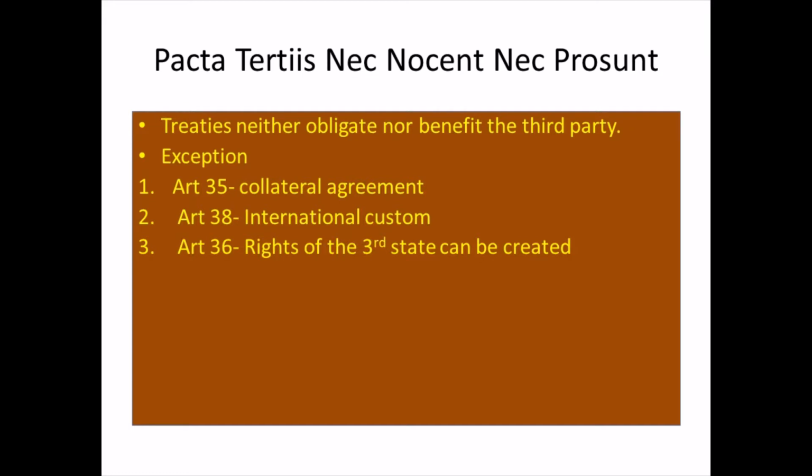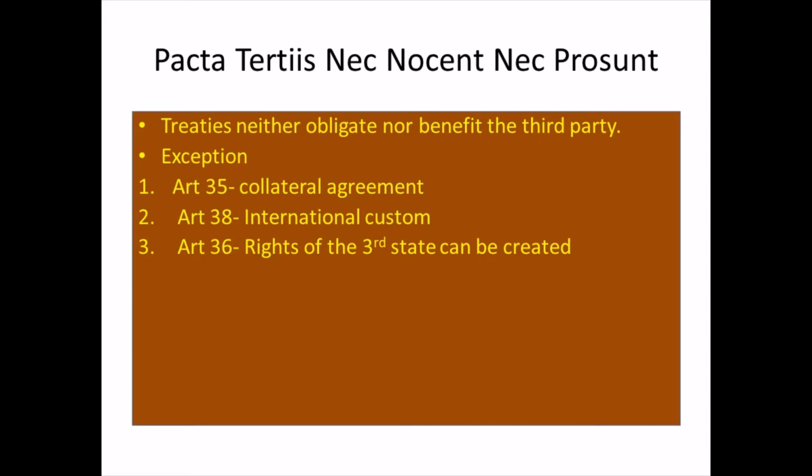The third is Article 36, which says that rights of a third state can be created in certain cases where it is necessary that certain rights are given to third party states, those which are not part of the treaty, but still the rights can be extended to those parties also.